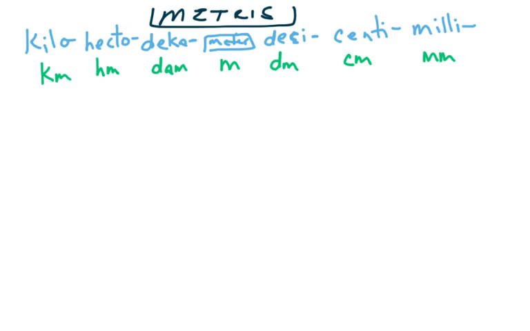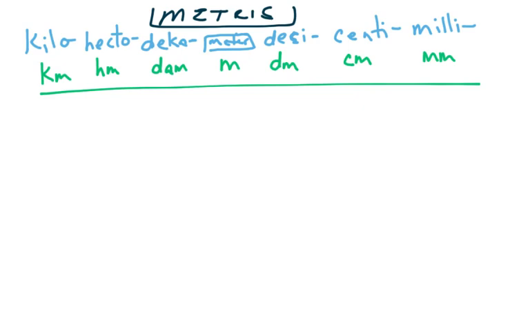Okay. Now, notice when we were doing the description of all of these that 10 of these makes one of these, 10 of these makes one of this. So everything's a multiple of 10, which makes conversions really easy. So if you have your list in order, like I have here, largest on the left, smallest on the right, it's really easy to do a conversion in the metric system.